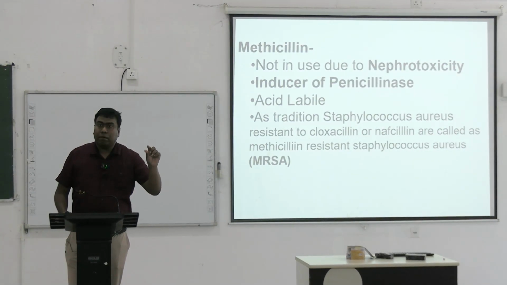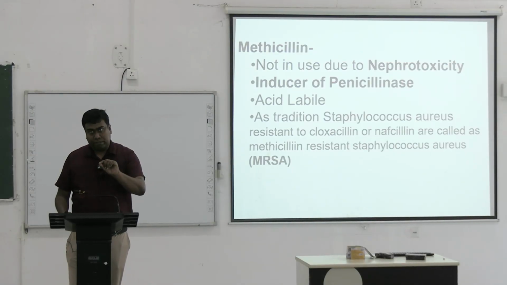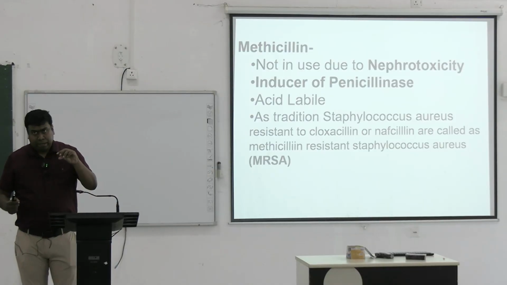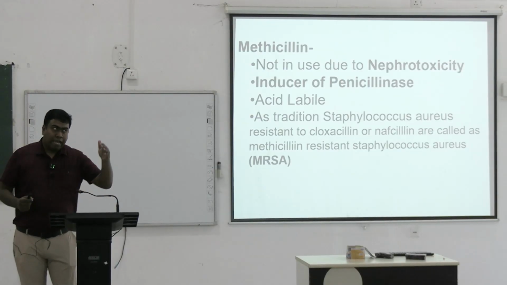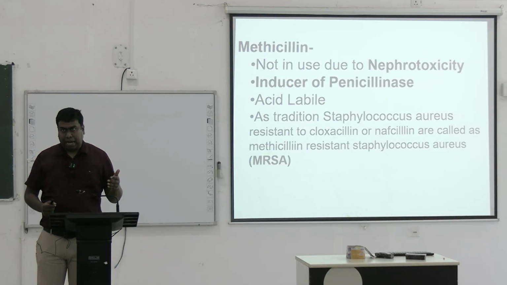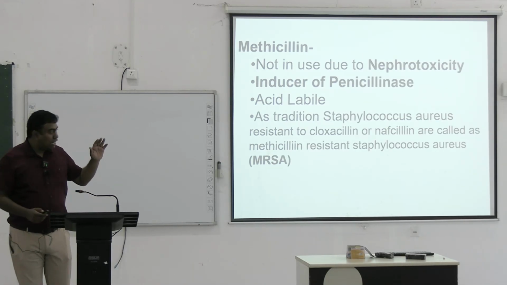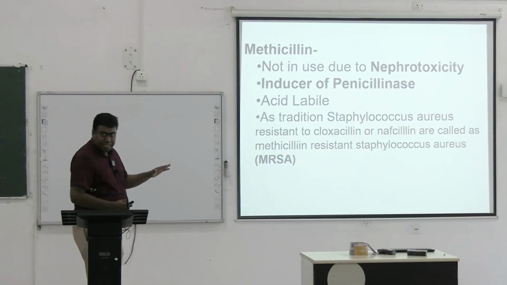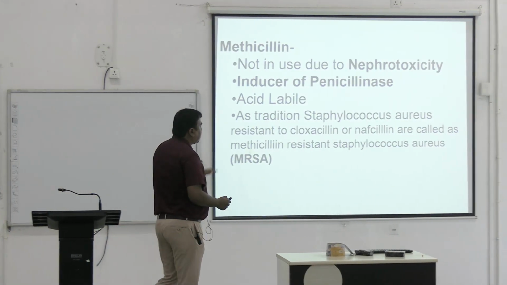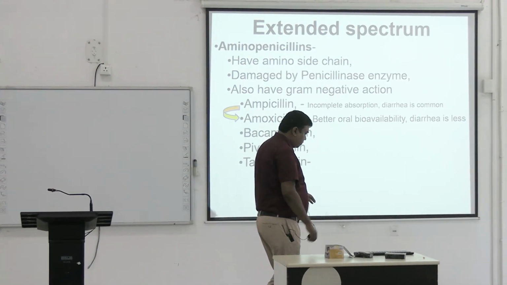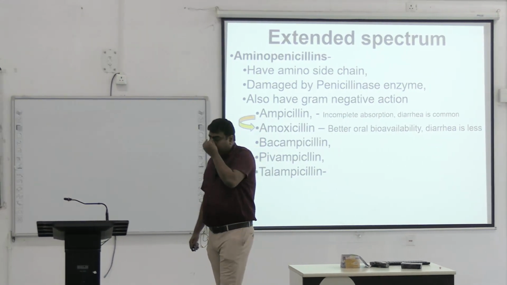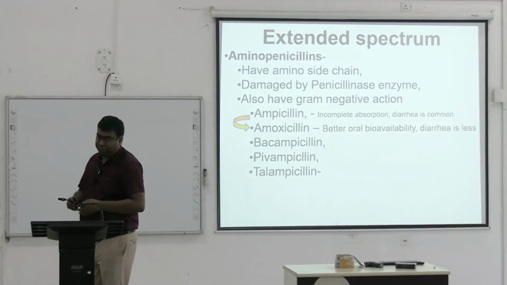The target is penicillin binding protein. They alter its affinity towards any of these beta-lactam antibiotics. If there is lesser affinity, they are unable to bind with the penicillin binding protein, so less effective. So MRSA develops when there is resistance against Cloxacillin or Nafcillin.